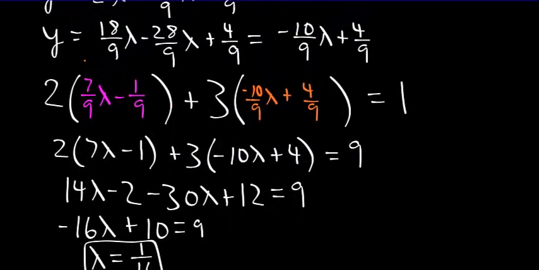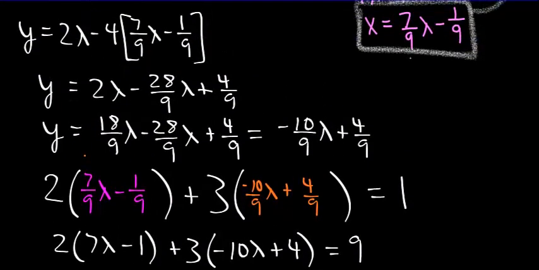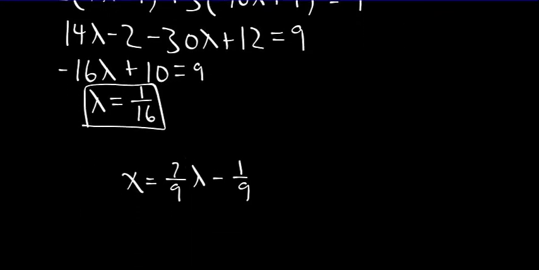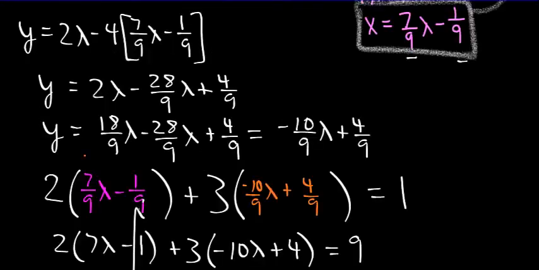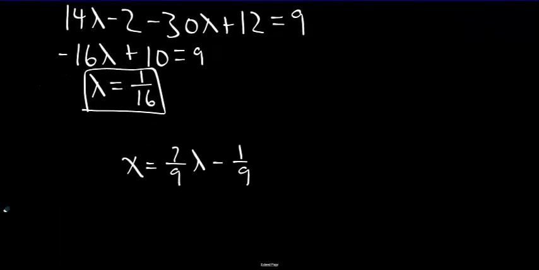Go back and look at it. 7/9 lambda minus 1/9. Yeah, perfect. So that means that x is 7/9 times 1/16 minus 1/9.